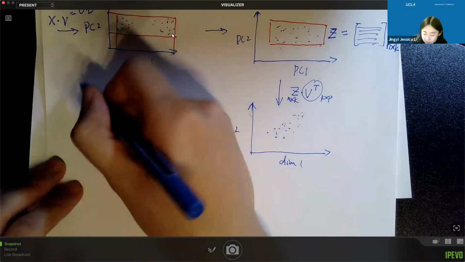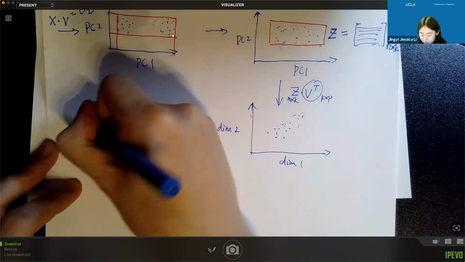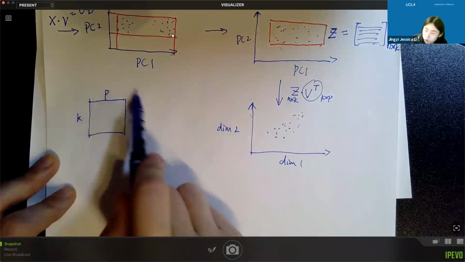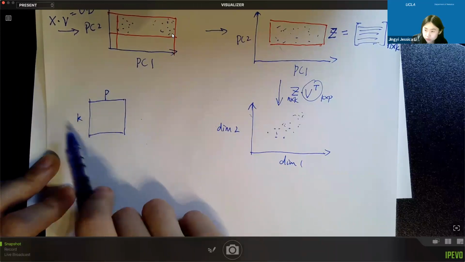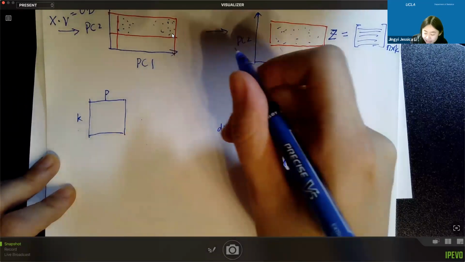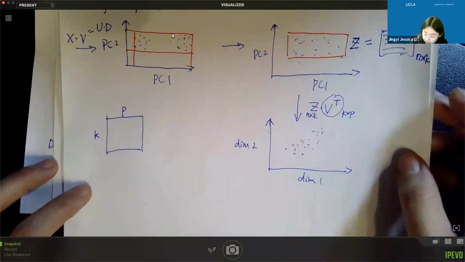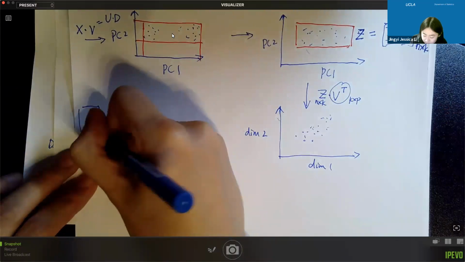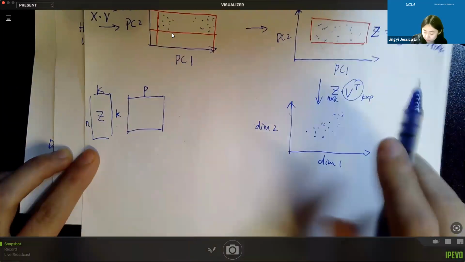Or linear map. So let's say, again, in this matrix, let's say it's a K by P matrix. You can consider the columns to correspond to a space with P dimensions and the rows to correspond to a space with K dimensions. Let me just say that this is the Z matrix, okay, so it's K by N here, just our example, and this is what we call V transpose.